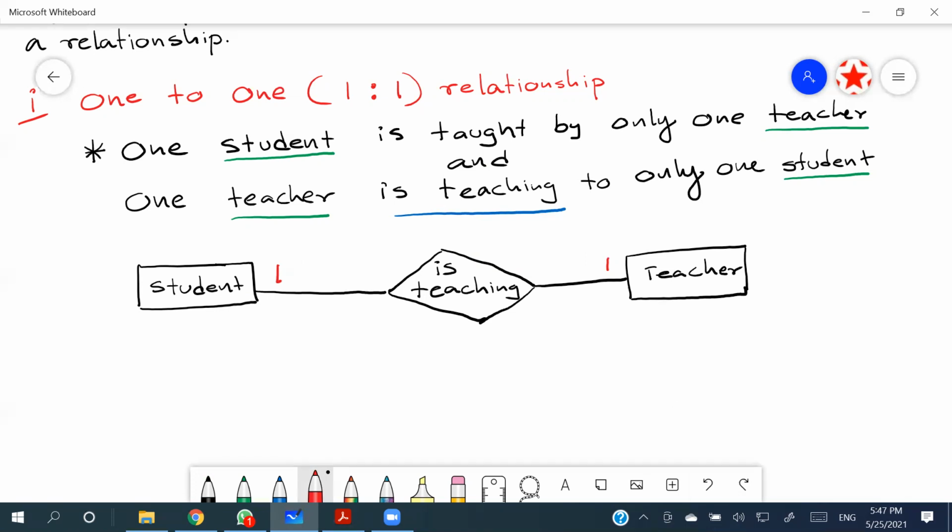To have this as one to one, we have to assure whether it is one to one. That is why we have to find something like I described here. One student is taught by only one teacher and one teacher is teaching only one student. So it is like starting from both ends, considering the singular part of those.